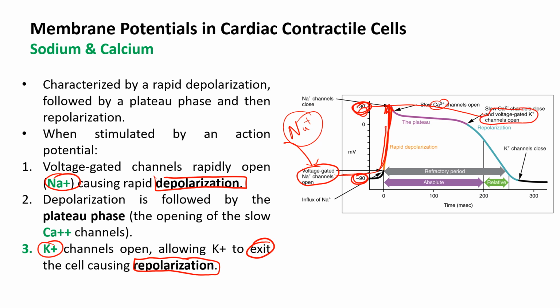And once all the channels open, they let a large amount of potassium exit. Potassium has a positive charge, so that means that the cell will lose positivity and will become negative again, right? So that is repolarization.